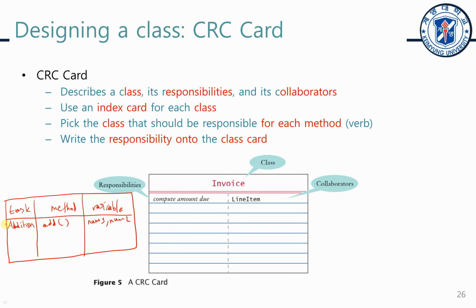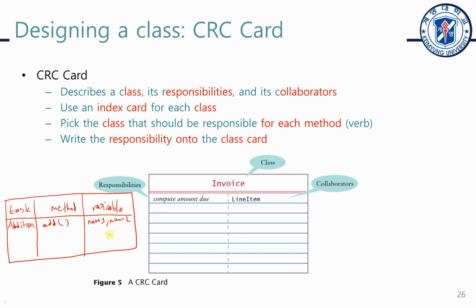The task is addition. Then if the task is addition, we need a method called add. And then this method may be interacting with variables num1 and num2, because num1 can contain the first number to be added, and num2 can contain the second number to be added. So this is how we create one class.